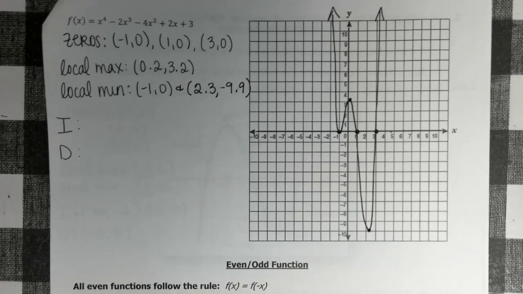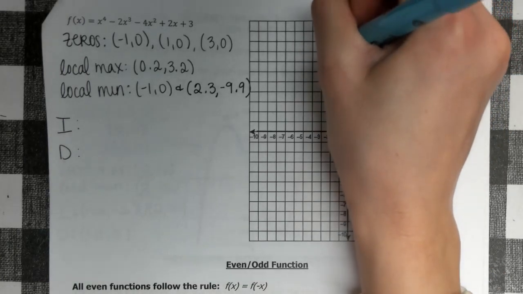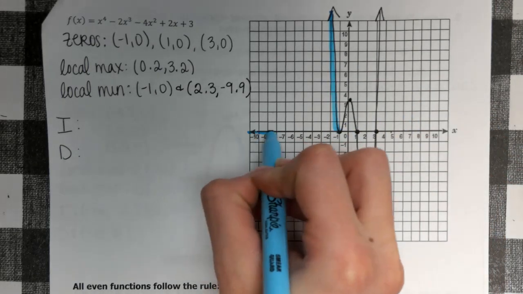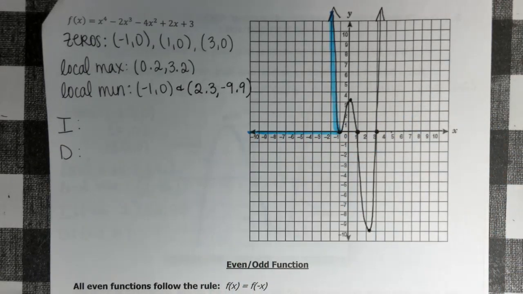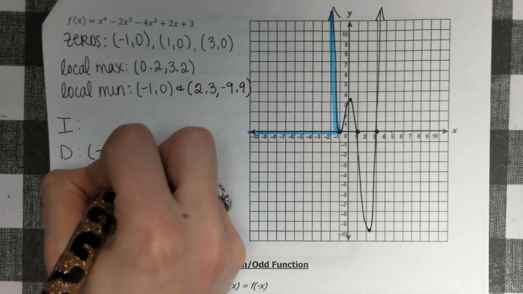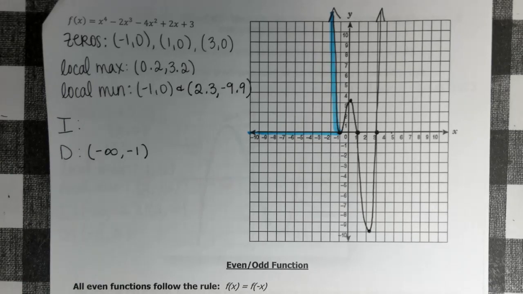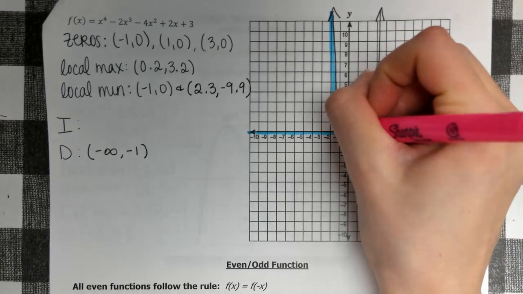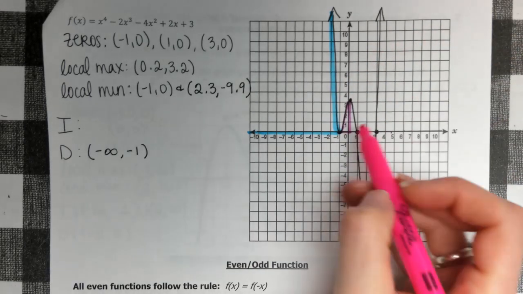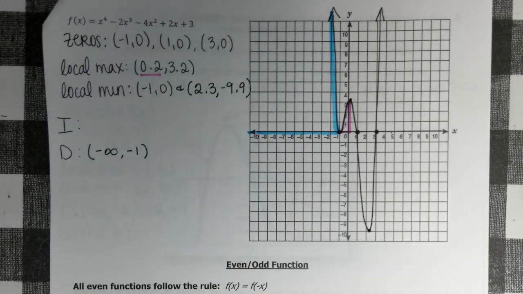So now, when I start from left to right, I'm going down until I hit that minimum. So that decreasing interval would be what? Very good. And then I turn around and increase until I hit that maximum, which if you can't tell on your graph, go back to what that maximum x value was.